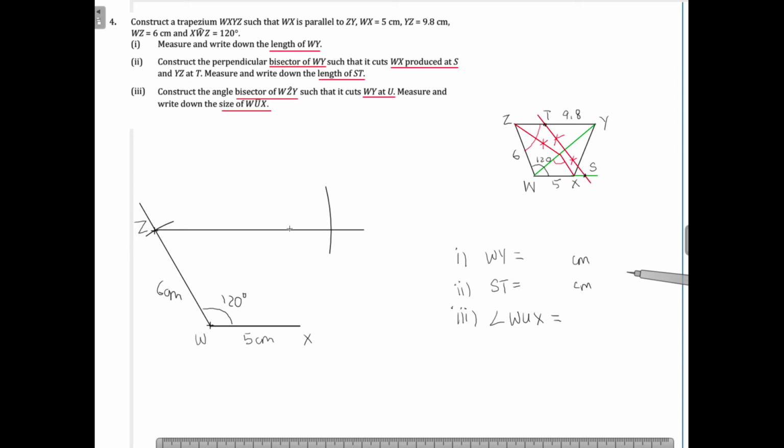Then we join the point to X. So that is our trapezium with the parallel sides ZY, and this is 9.8 cm. This is actually 60 degrees.